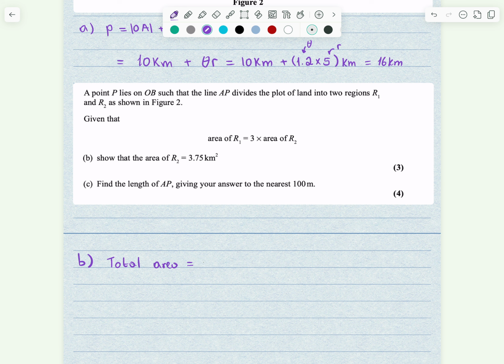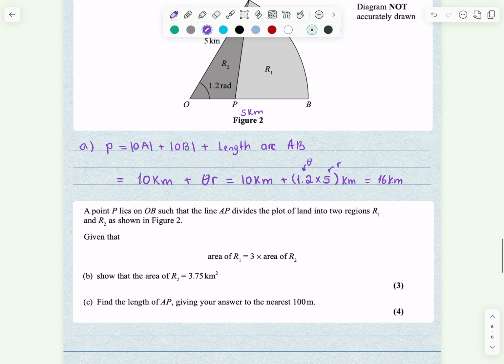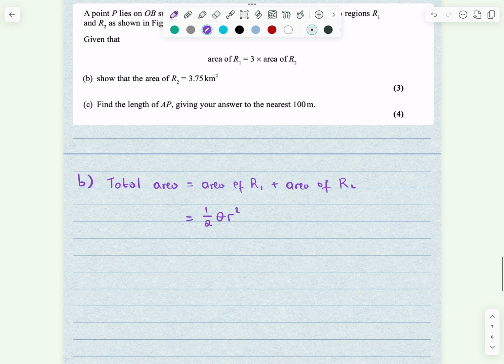which is area of R1 plus area of R2. Okay, so the total area is calculated as 1/2 theta r squared, because the total area is the area of the sector, which is 1/2 multiplied by 1.2 multiplied by 5 squared.